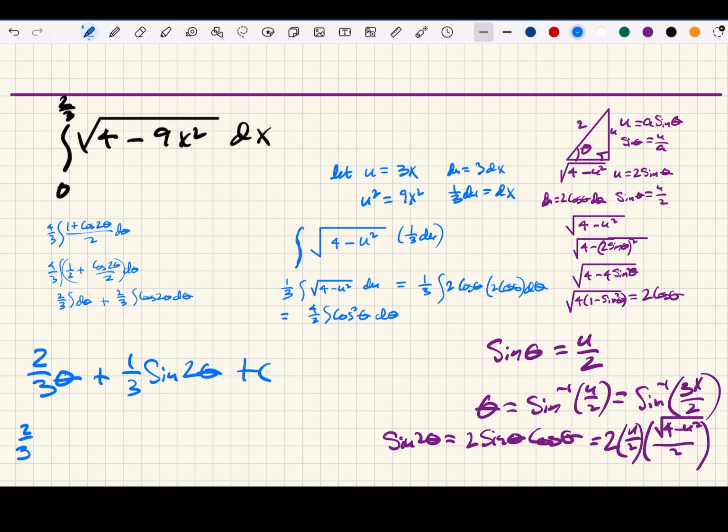So far, we would have 2/3 inverse sine 3x over 2 plus 1/3 times 2 times u, which is 3x, over 2, times the square root of 4 minus 9x squared over 2, plus c.